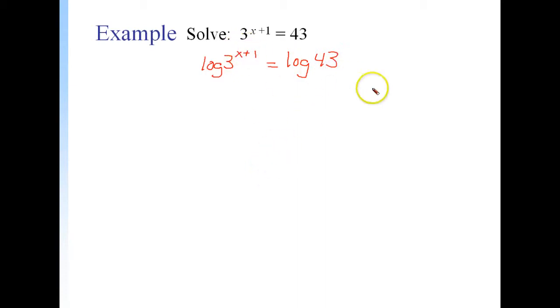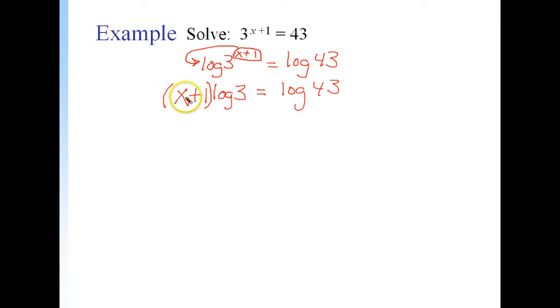Now, one of the techniques we had earlier in Chapter 9 was when you have a log with an exponent, we can take this exponent and move it to the front. So it now becomes x plus 1, and maybe we can put that in parentheses, times log 3 equals log of 43.